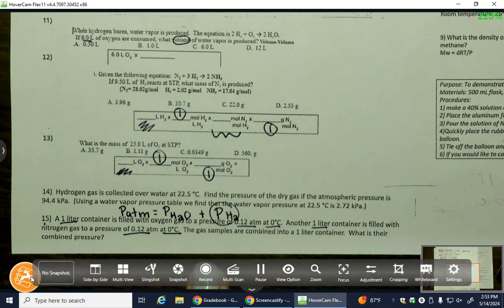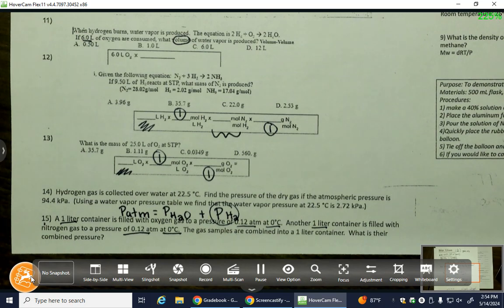Then it says the gas samples are now going to be combined into a 1 liter container, meaning we're not opening it up and saying, oh, now it's 2 liters, because then nothing would really happen necessarily. What we're saying is that we're just going to pour them both into one container and seal it off, and it's 1 liter. What do you predict the pressure is going to do? It should go up, right? Shouldn't there be a whole lot more particles hitting the walls if we combine 2 containers of particles?